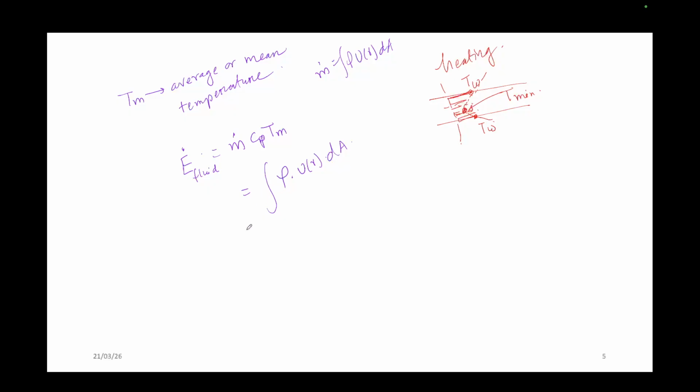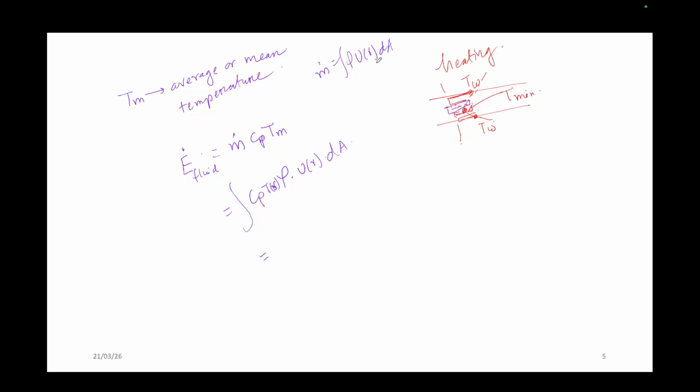So Cp should be there and Tm should be there. As integration is there, Cp is a constant, and I don't know the Tm. So we have to take a small section where T is a function of r. This is Tr, the temperature profile. If you know ur and you know Tr, you can easily find it out.